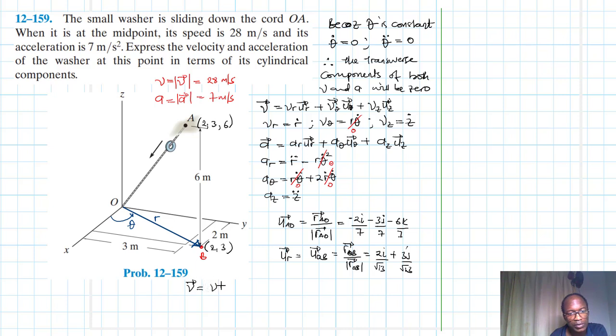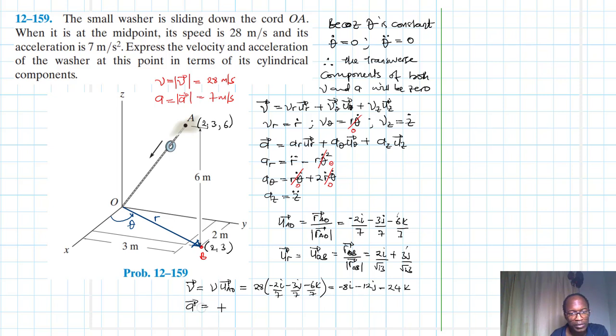Therefore our velocity as a vector is going to be equal to v times the unit vector, which is UAO. So we have 28 by minus 2i minus 3j minus 6k, divided by 7. This therefore becomes minus 8i, minus 12j, and minus 24k.